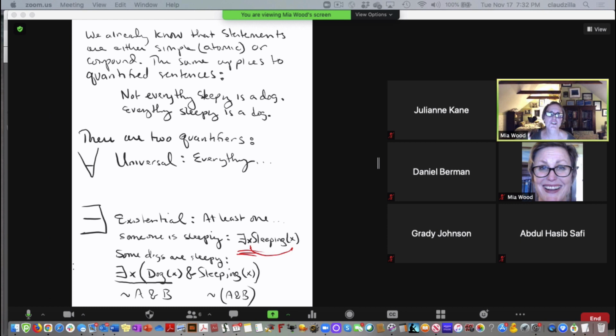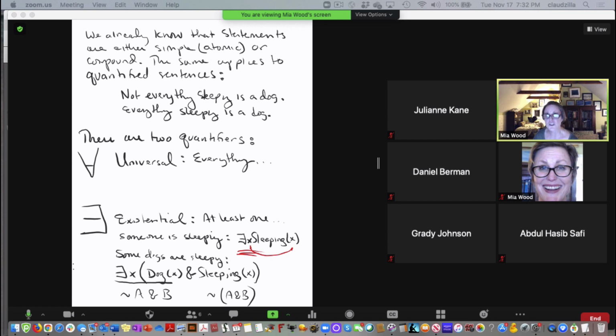Instead, Dr. Schnee's like, look, don't worry about it. Just use a regular capital A. And you know, and I know, we've stipulated that for our purposes, the capital letter A in front of a variable is going to be the universal quantifier. Okay?